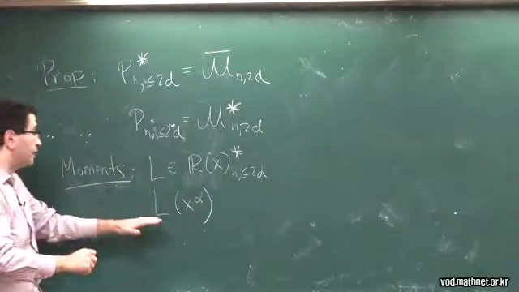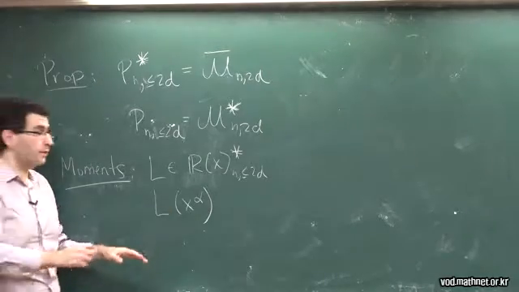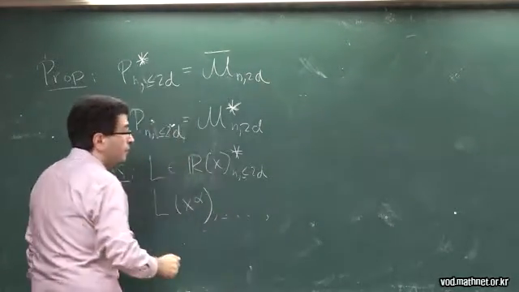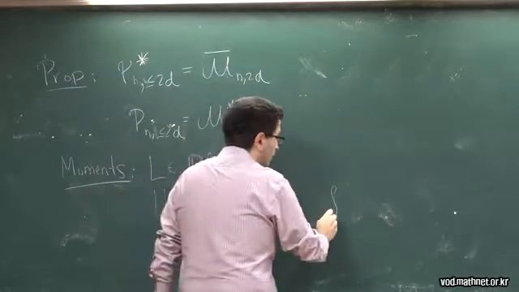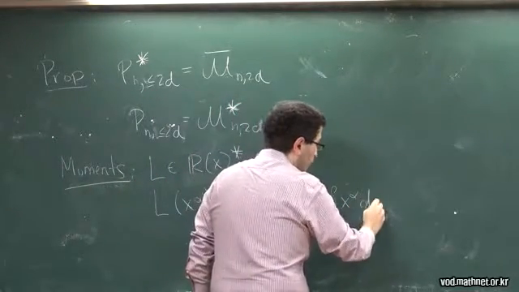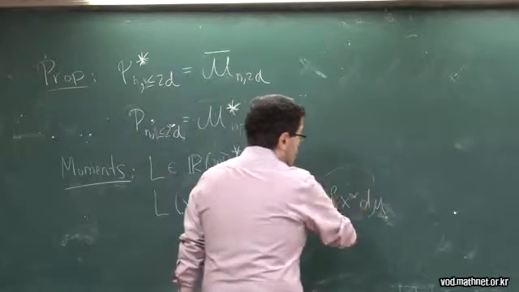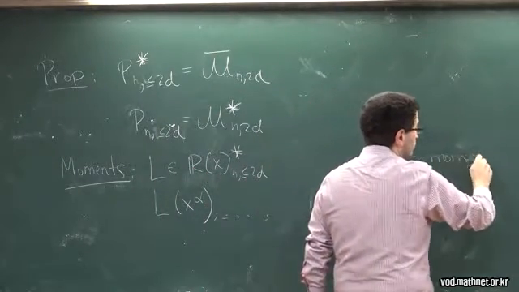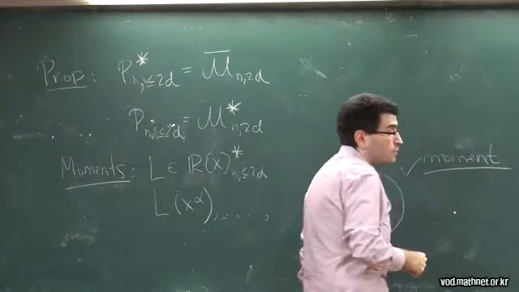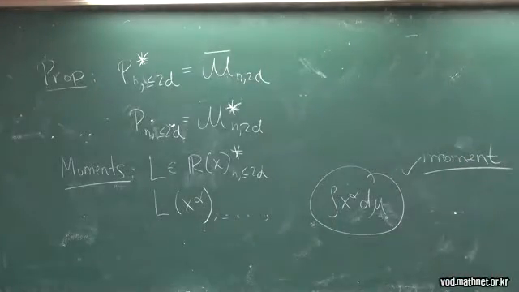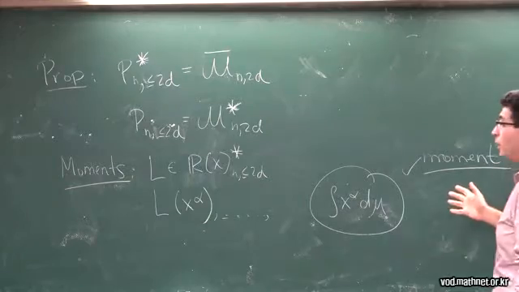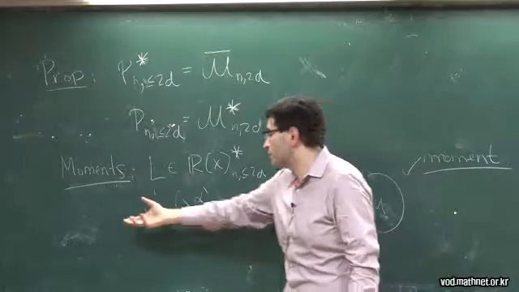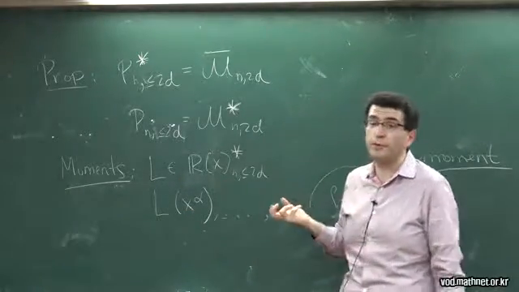I can just evaluate L on all of the monomials, and give me a full list. And if L came from a measure, then the integral of a monomial with respect to the measure is what is called a moment. So this is why in the literature, usually they will say, given a moment sequence, meaning given this long list of all of the values, does this moment sequence come from a measure?